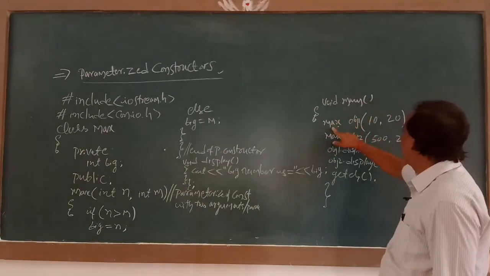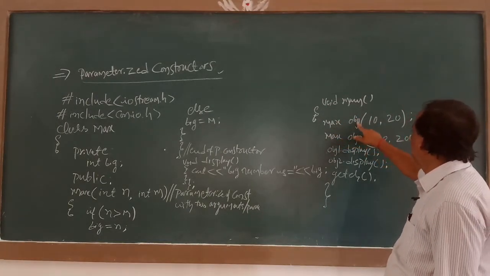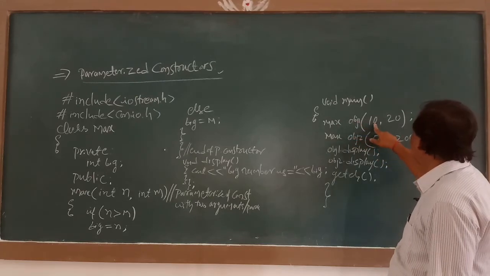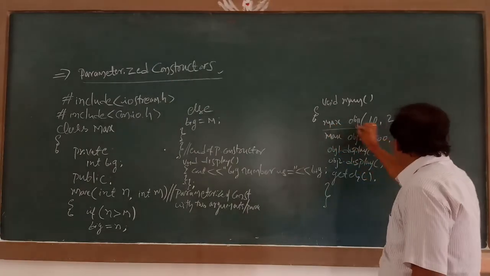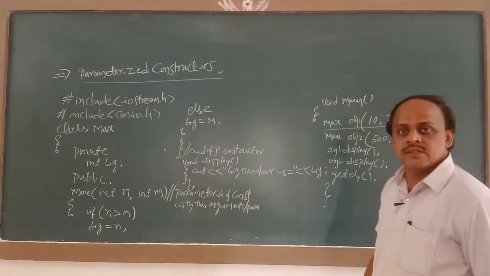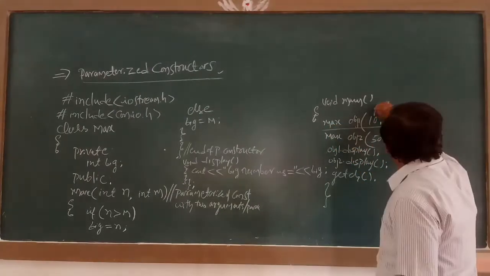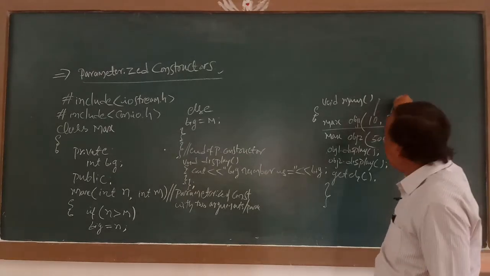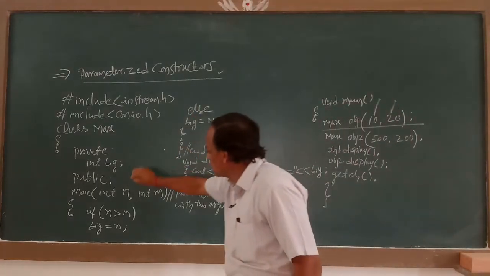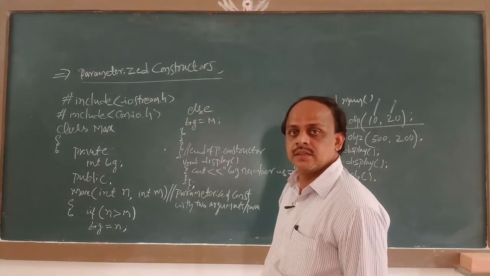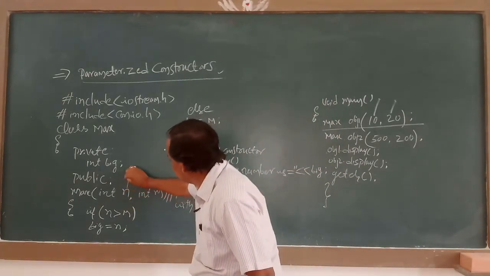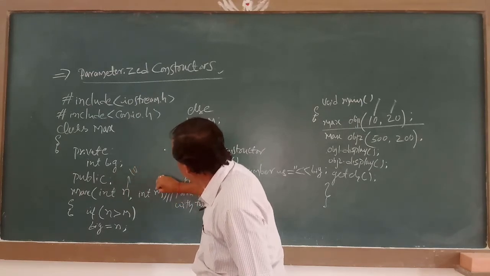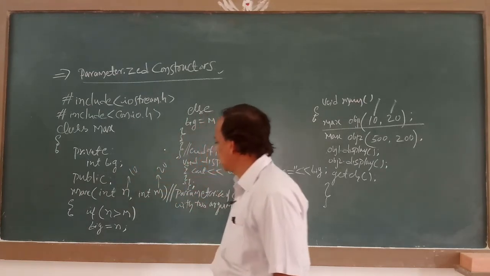So here max obj1 of 10, 20 means whenever we declare this first object, these two values 10 and 20 are passed to this constructor. Then n value becomes 10, m value becomes 20.